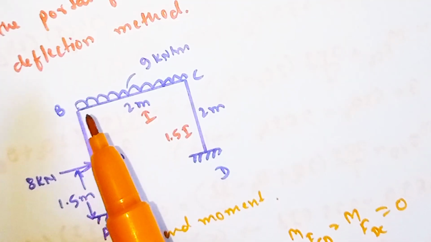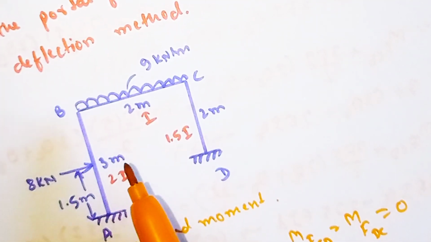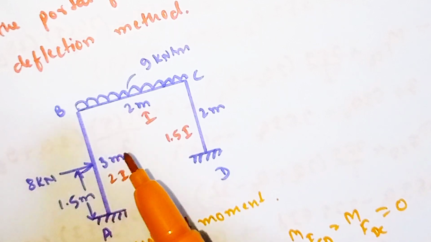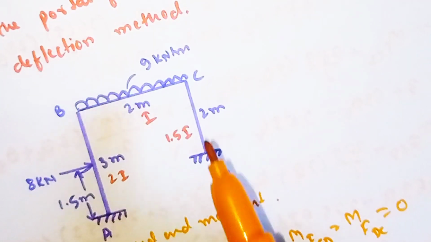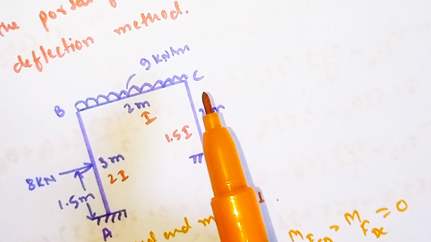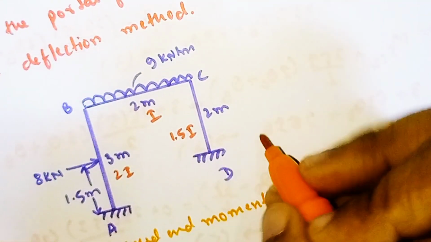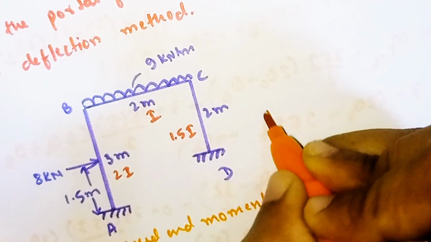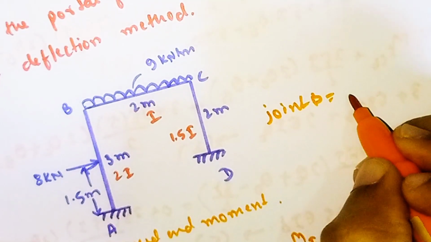Similarly for joint C we need to take the left side moment as well as the right side moment.